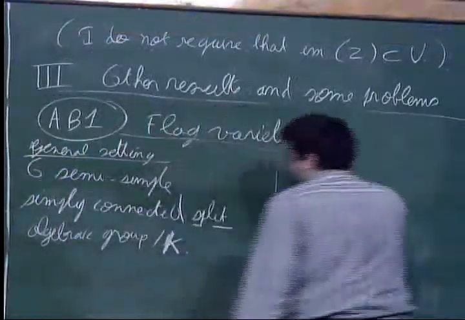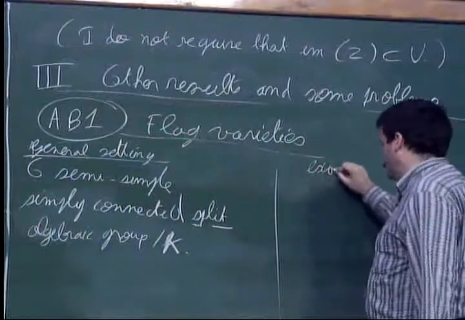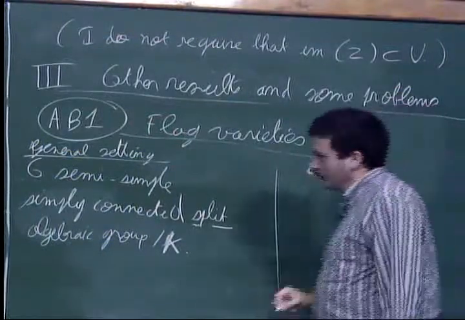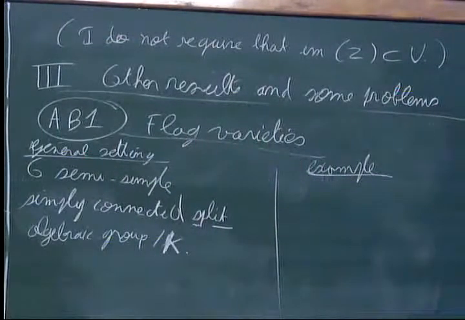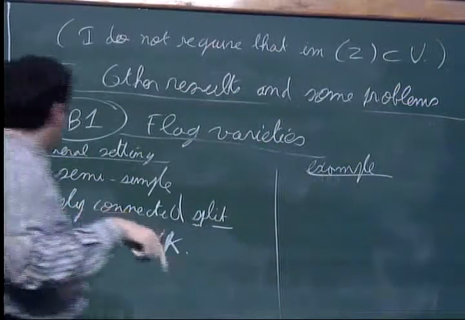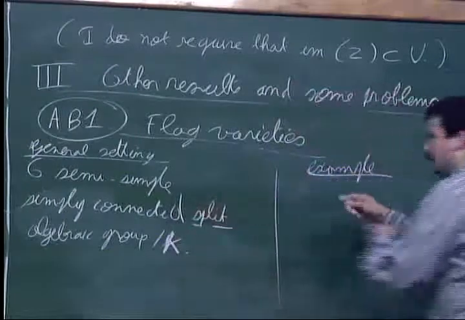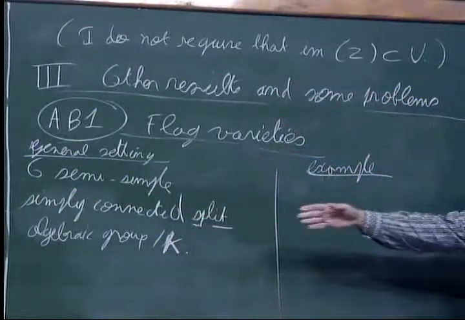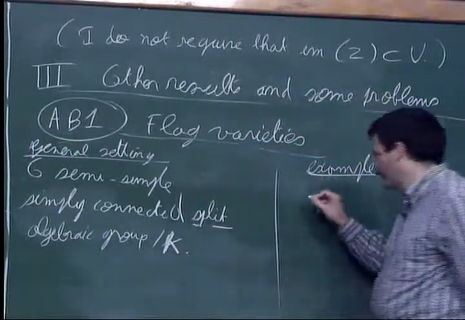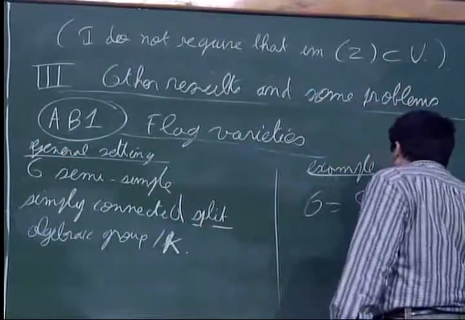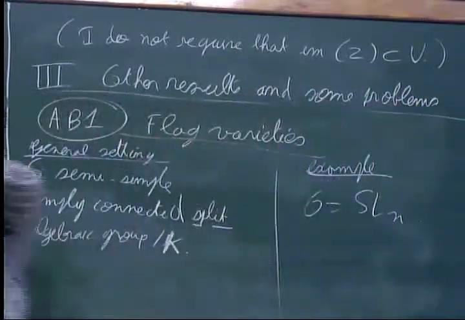And on the other side, an example. So I'm going into dimension 3 for my talk here. As there is A, B for arithmetic and geometric setting, and there is also this dimension, the general one, and the example. So for the example, I take simply G to be SLN.